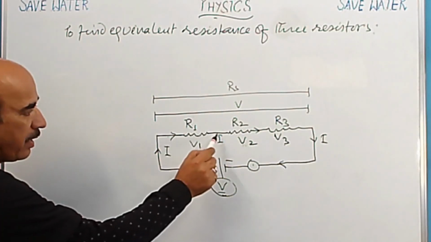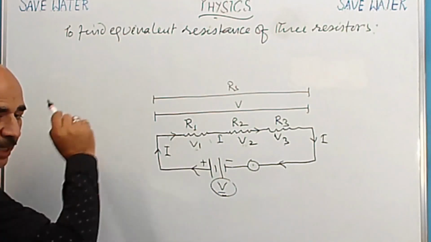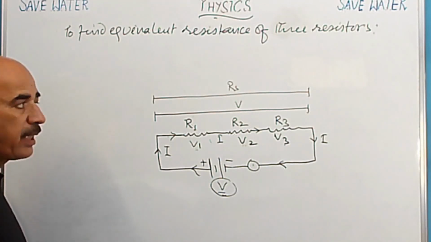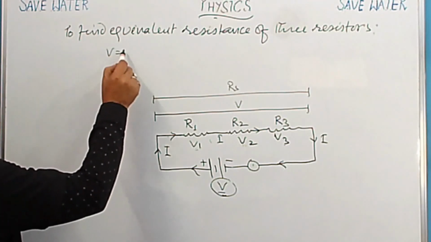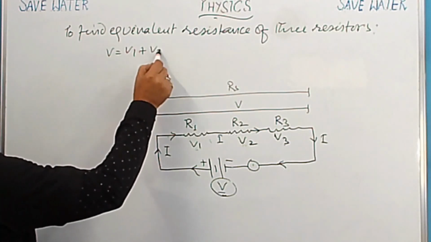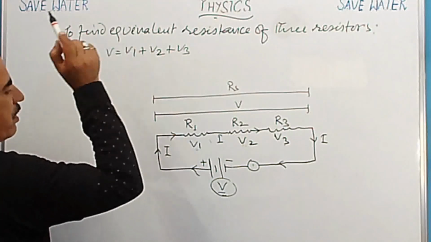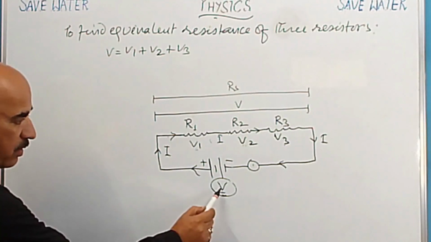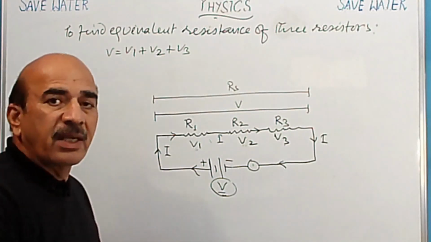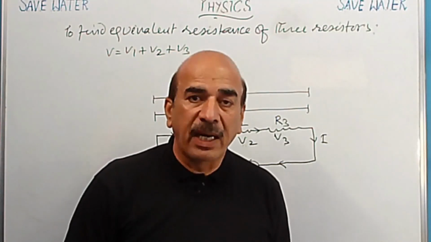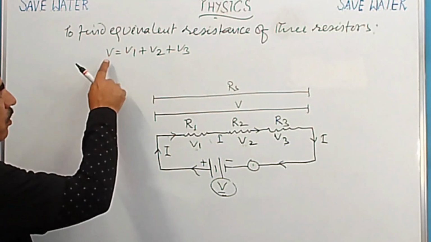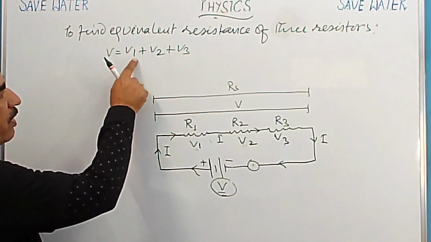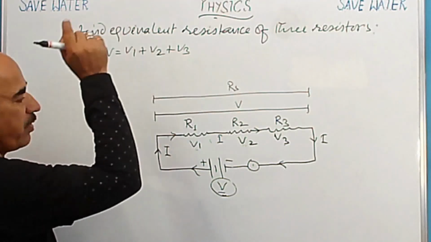And the current passing through each resistor is I. So V can be written as V is equal to V1 plus V2 plus V3. Am I right? Because this total potential difference is divided into 3 parts, since 3 resistors are there.